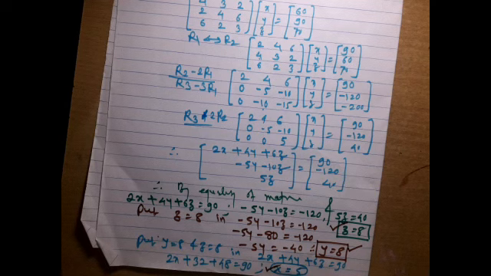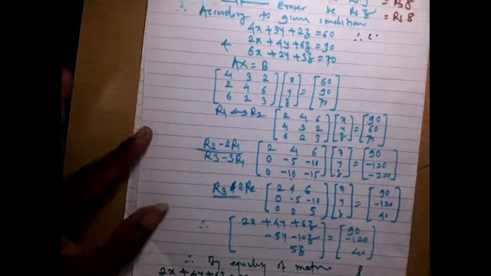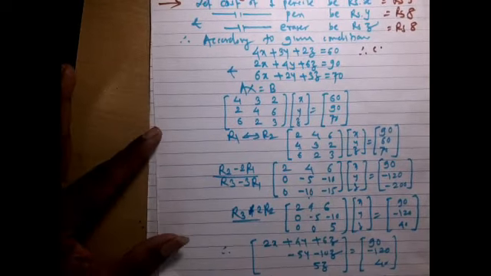You need more and more practice for elementary row and column transformations. You can apply these for finding the inverse of the matrices. And once you are familiar, you are practiced in inversion, then application of matrices for solving linear equations will be simple for you.